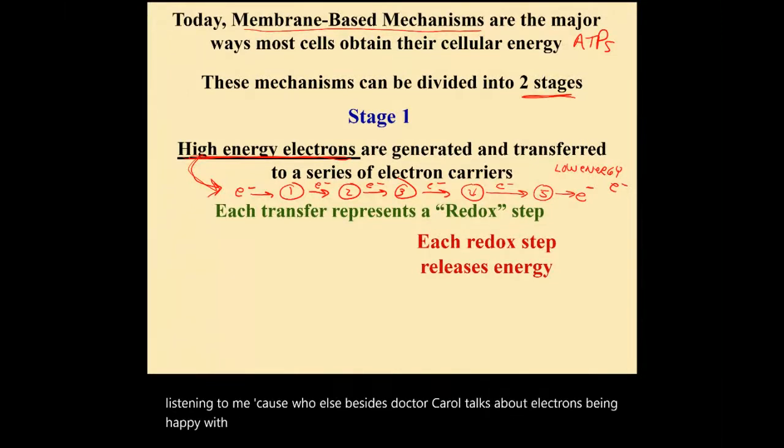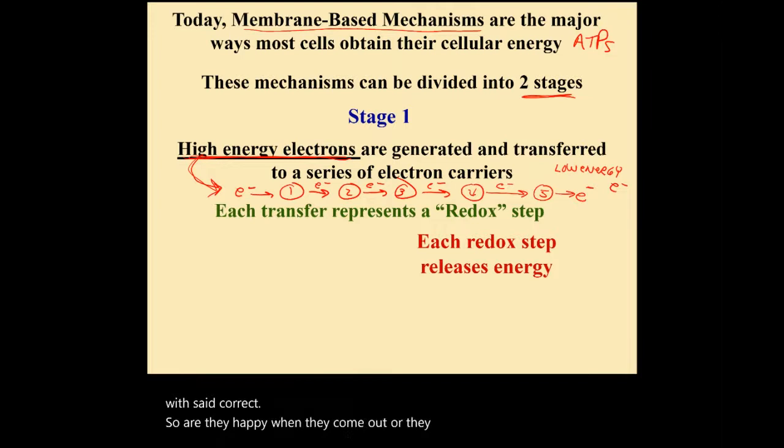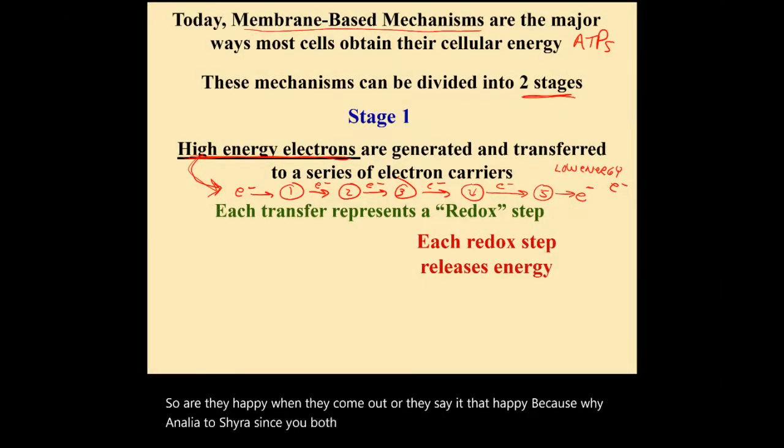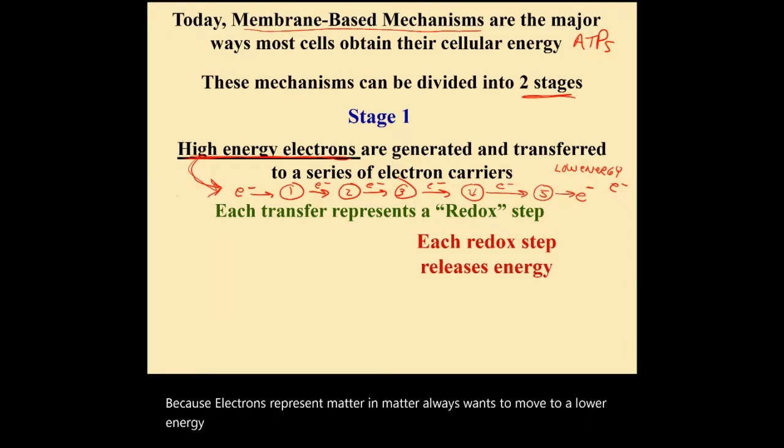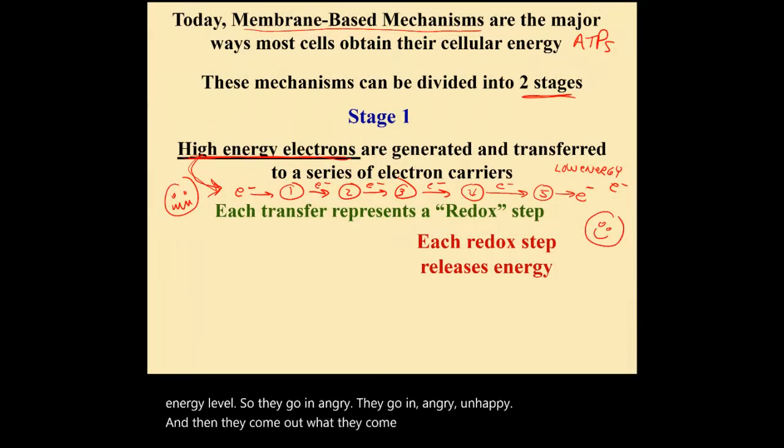So are they happy when they come out, or are they sad? They're happy because electrons represent matter, and matter always wants to move to a lower energy level. So they go in angry, unhappy, and they come out happy, correct?